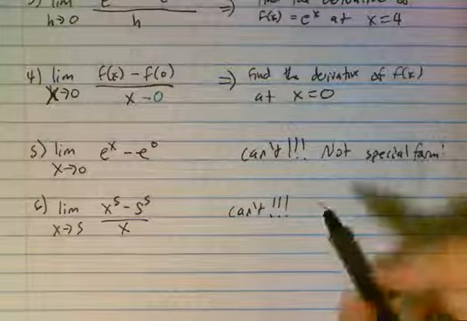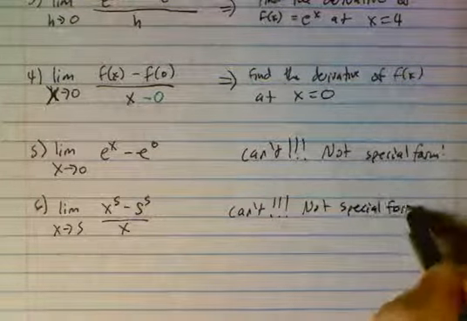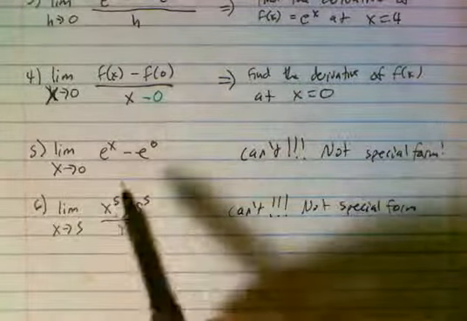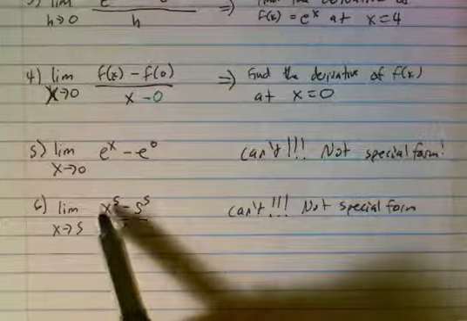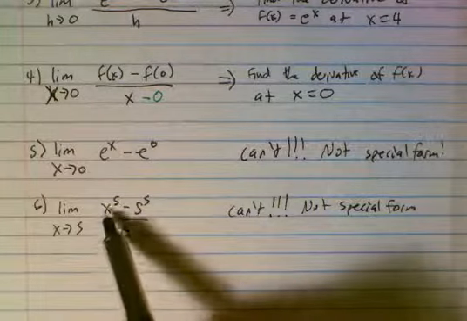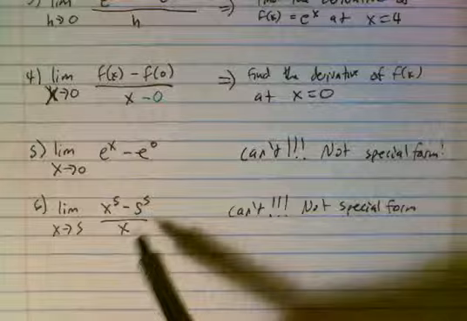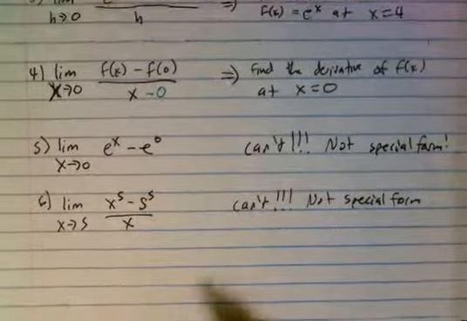We don't have that special form. If this was x minus 5, it'd be fine. If it was h to the 0 and there was sort of a number plus h in here, like 5 plus h to the 5th minus 5 to the 5th, then we could do it, but not with this form as written.